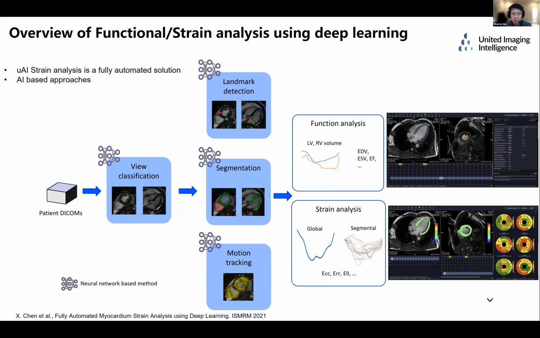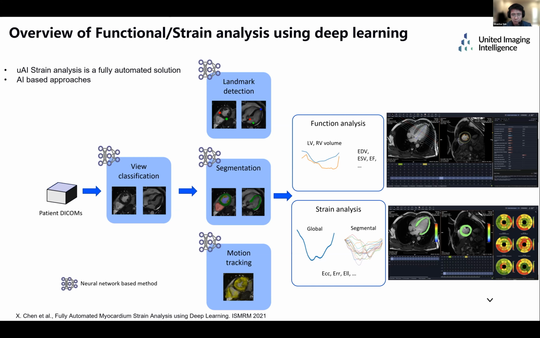We use our neural network to detect the key landmarks on the short axis to identify the insertion points between the left ventricle and the right ventricle, and also key points like the basal points and apical points on the long axis views. Based on those landmarks, we can either define the heart region for further analysis, or define AHA 17 segments.